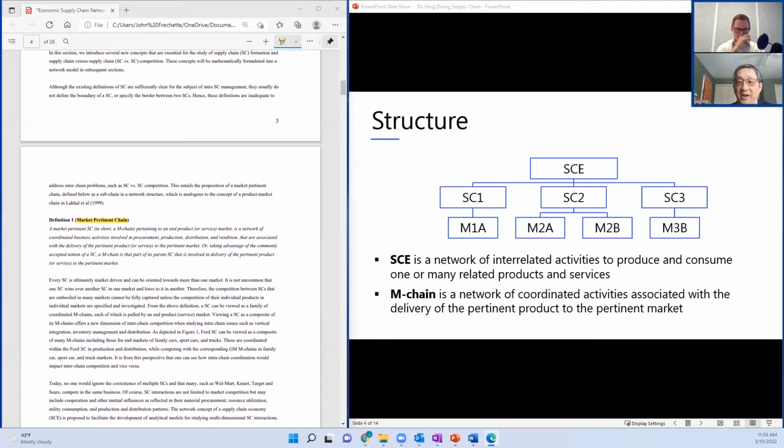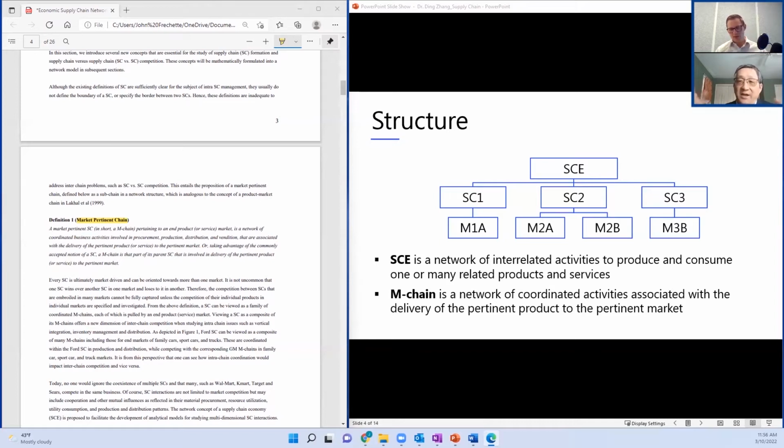So through these M chains, I compete with another supply chain for a particular product and a particular market. But I can compete or interact with another supply chain with another arm, all right?